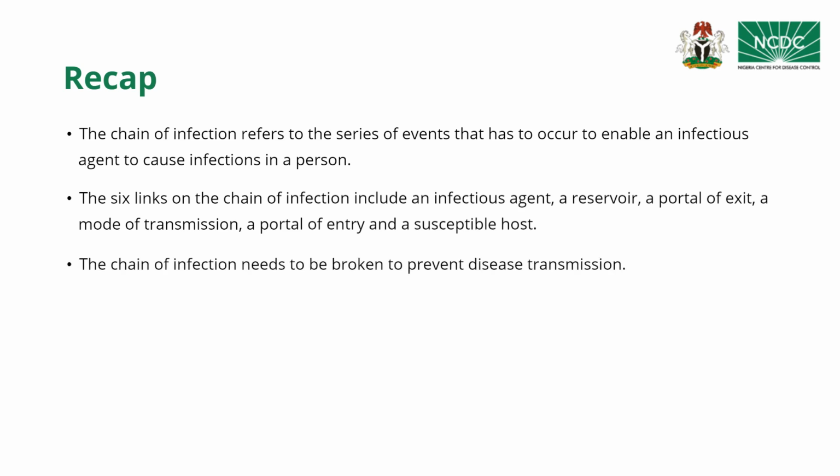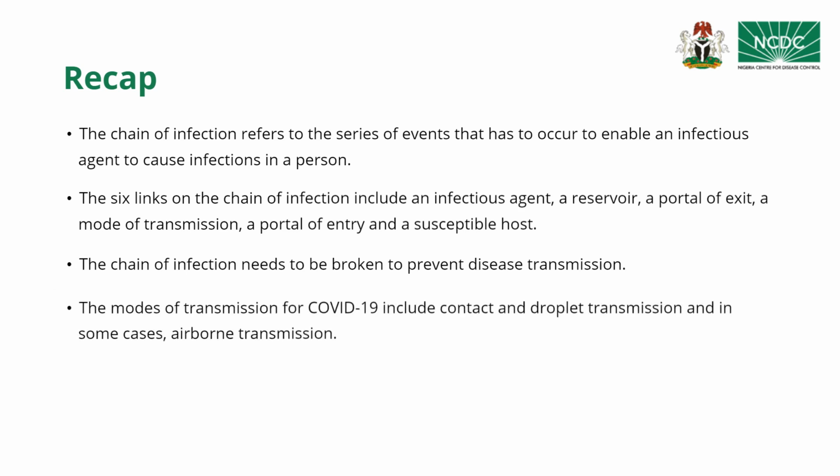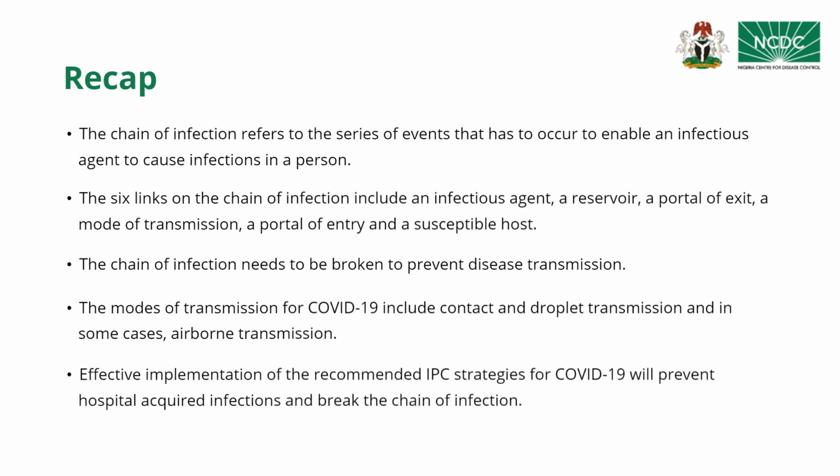The chain of infection needs to be broken to prevent disease transmission. The modes of transmission for COVID-19 include contact and droplet transmission and, in some cases, airborne transmission. Effective implementation of the recommended IPC strategies for COVID-19 will prevent hospital-acquired infections and break the chain of infection.